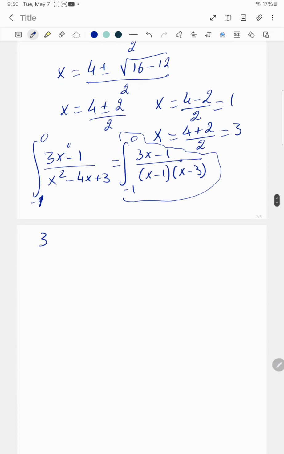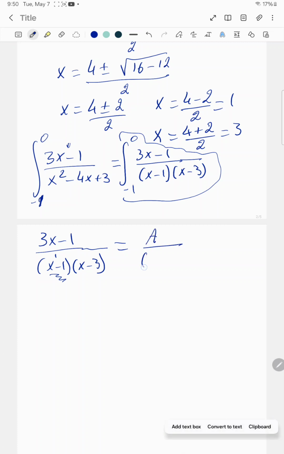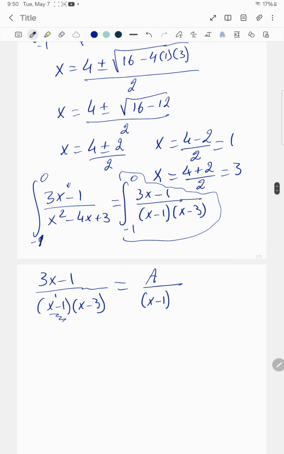So I will take 3x minus 1 divided by x minus 1 times x minus 3. Because x minus 1 is a first degree function, a linear function, to the power of 1, it is equal to a divided by x minus 1 plus b divided by x minus 3.